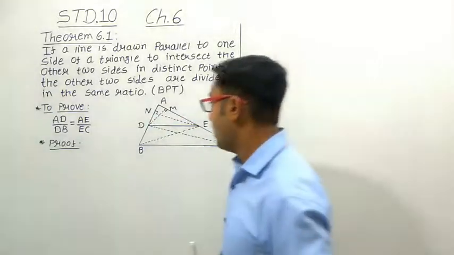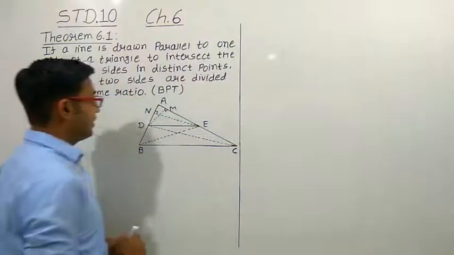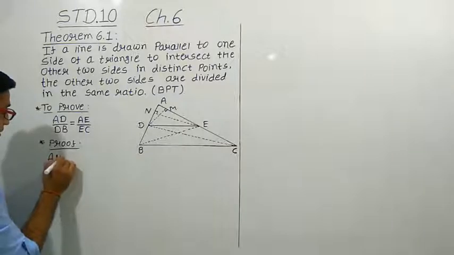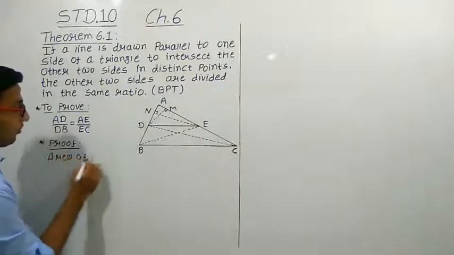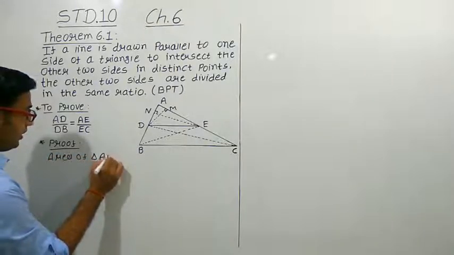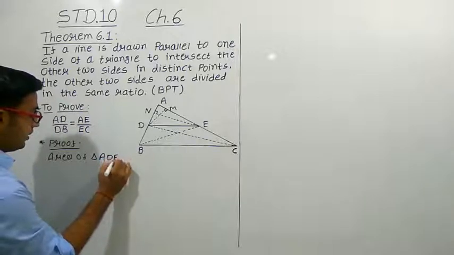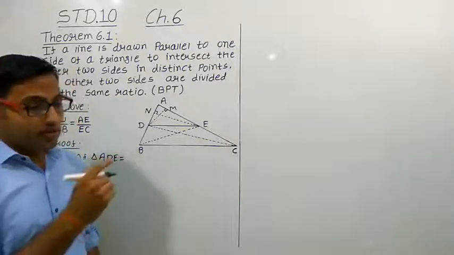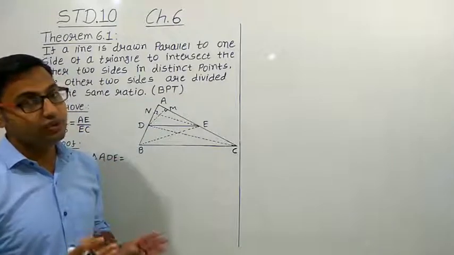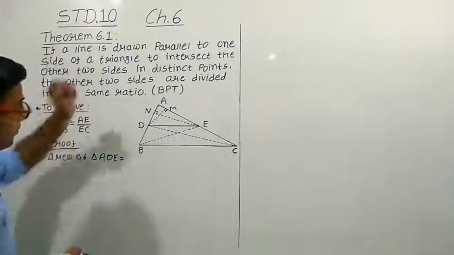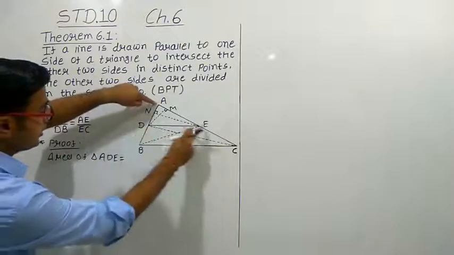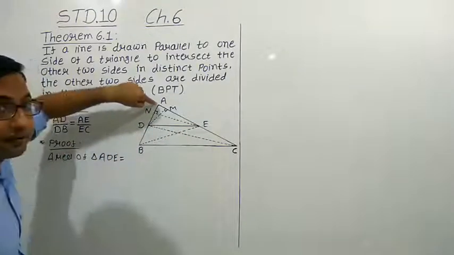Now see how we can write down the area of triangle ADE. How can we write the area of a triangle? That is 1/2 base into altitude. So if we consider AD as the base, then the altitude here is EN, right?